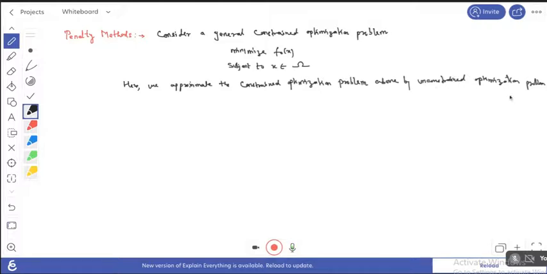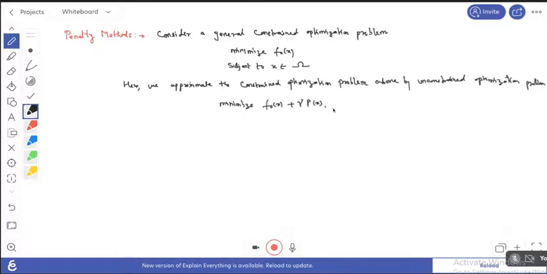So how can we reduce this constrained problem to an unconstrained problem? We minimize the objective function plus gamma times the penalty function P(x).